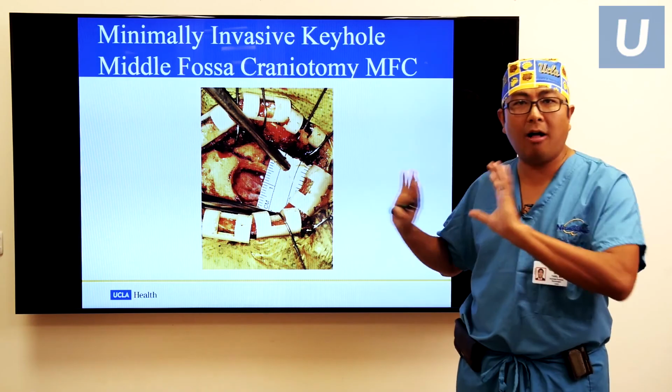And so the reason why we favor this approach is that we're going to try to do the MIS keyhole craniectomy every time. We start off with that approach, but our backup plan, if the technology fails, the virtual reality fails, the BrainLab navigation fails, the anatomy fails, everything is just going wrong, is to extend this into the normal mini middle fossa craniotomy, the 2 by 3 centimeter approach.